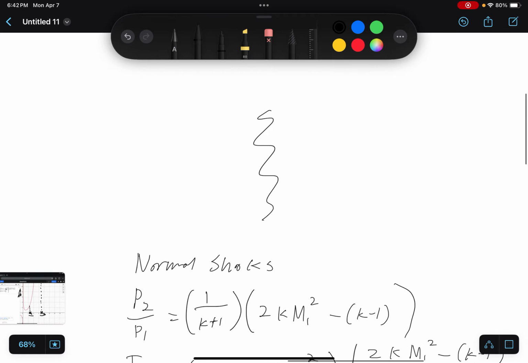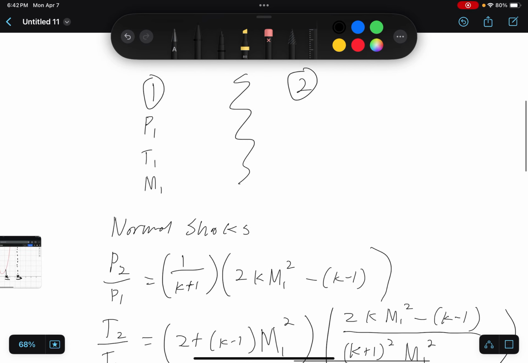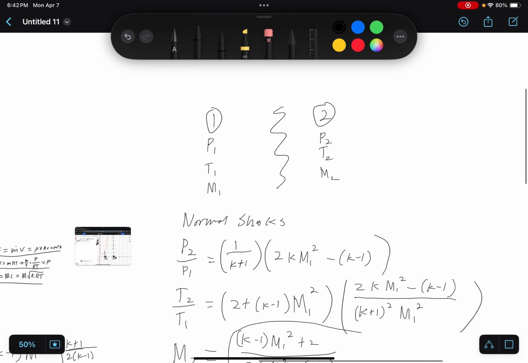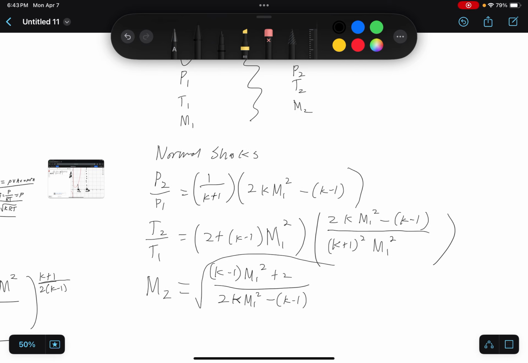So you have a normal shock, and state 1 is on the left side, and state 2 is on the right side. So P1, T1, M1, P2, T2, M2. And I believe if you do them, you should get that the M dots on both sides are equal. I think that's part of the derivation of this.